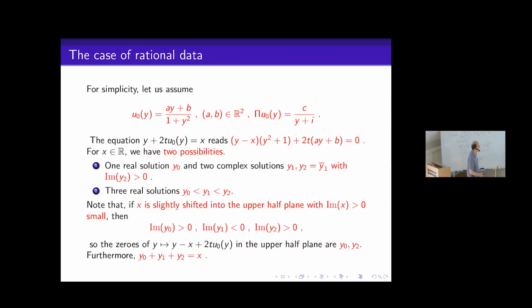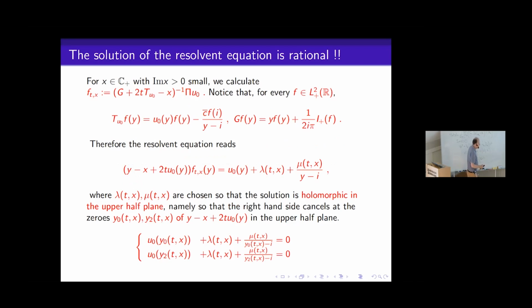And so I can compute this rational function because I know how a rational function acts on a rational function by way of Toeplitz operators. That's essentially a product plus some remainder term which will correct the bad pole y equals i.